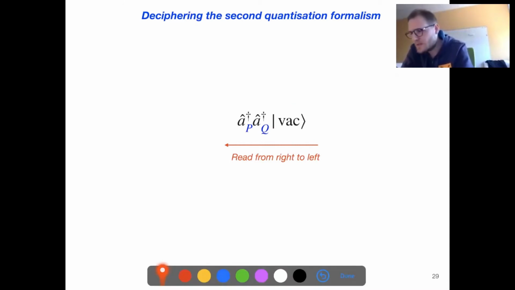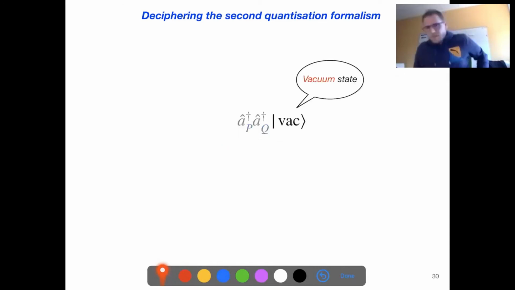There is this ket, so this state here is a quantum state, which is called vac. That stands for vacuum, so I'll come back to that in a minute. And then you have these 2 objects here with a hat, which means that they are actually quantum operators. Okay. So when you have this kind of notation, you should always read it from right to left. This is how you can understand what's happening, okay? And this is what we're going to do now, and then we'll try to understand exactly what this means.